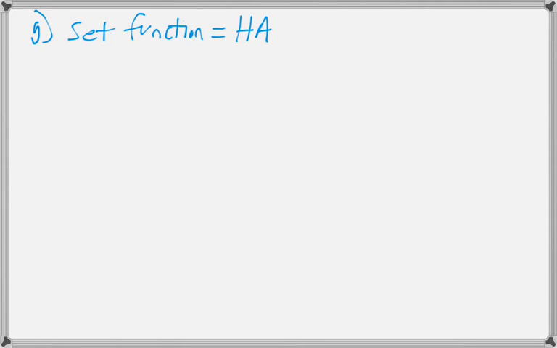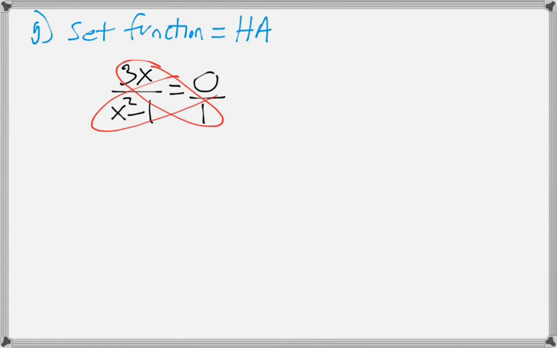So my function, I'm going to use this version of it, 3x over x squared minus 1 is equal to 0. So when I solve this, I like to solve it like a proportion, which means we need two fractions, and any whole number we can put 1 underneath it, even 0. So then if I solve it like a proportion, I'm cross multiplying.